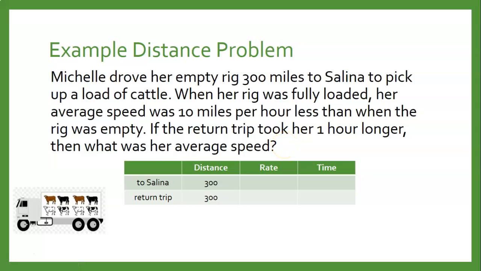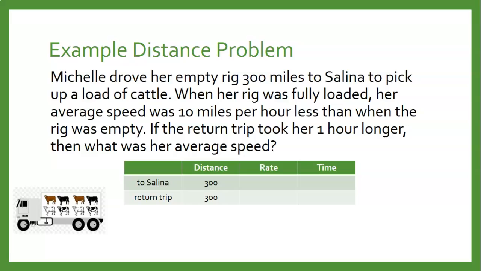We don't know that, but we do know that when her rig was fully loaded, her average speed was 10 miles per hour less than when it was empty. So like, if she was going 70 miles per hour on her way there, she would have gone 60 miles per hour, that's 10 miles per hour less, on her way back.